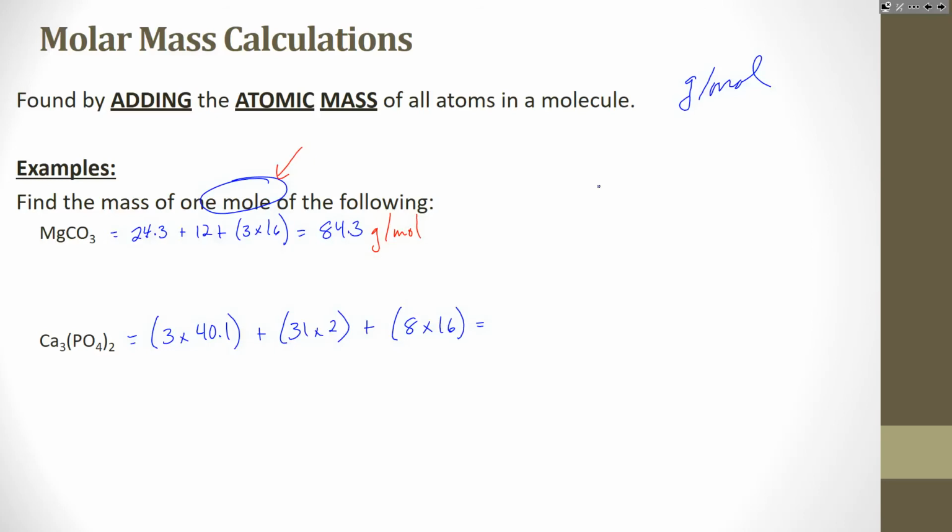I get an answer of 310.3. And if it was a molecule, if we were asking for just how much does one of these things weigh, the unit would be AMUs. But now our unit, because we're asked for a mole of them, a huge pile of them, would be grams per mole. So it's the same process, just the units are something we can actually work with and measure now rather than just dealing with units that we can't.